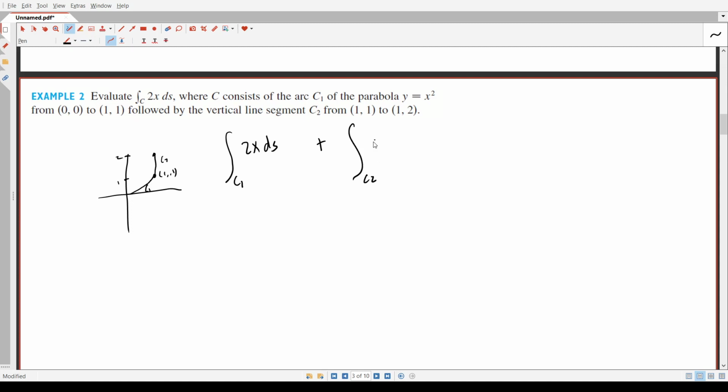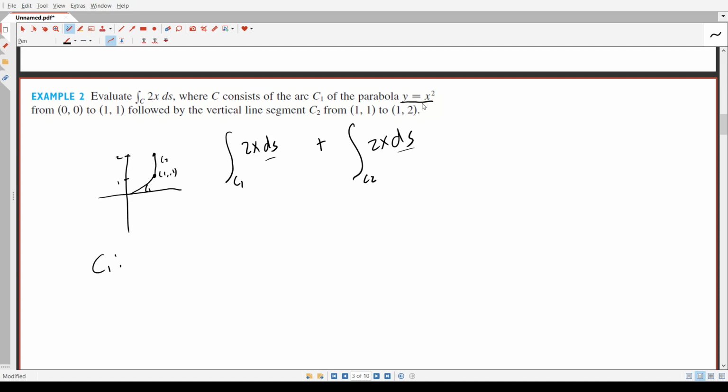Right, so here the ds is going to be different because they're different curves. So C1, that's this parabola part. How do I parameterize this? Any guesses? How should I parameterize this part? Looking for a guess.